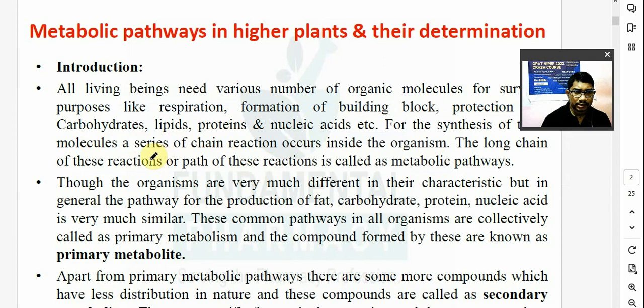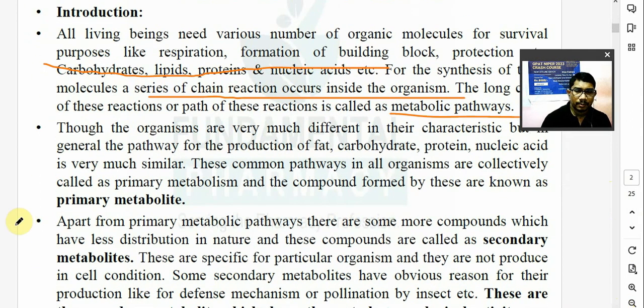Now, these common pathways in all varieties of plants and animals are known as primary metabolism. So, though each and every living being is different, the pathway or chain of reactions for the production of carbohydrate, protein, lipids, nucleic acid are very much similar in the individual.